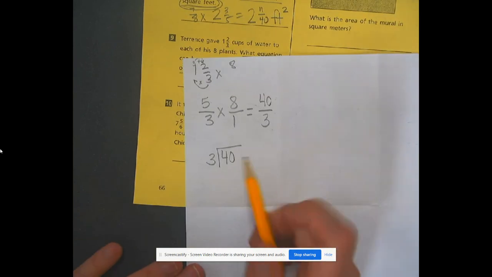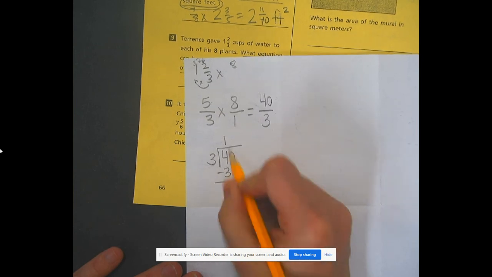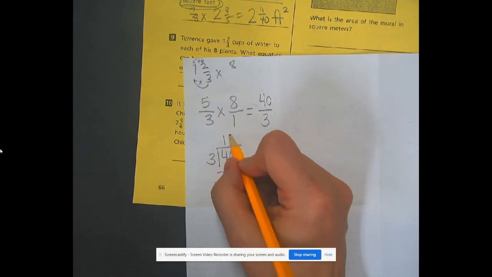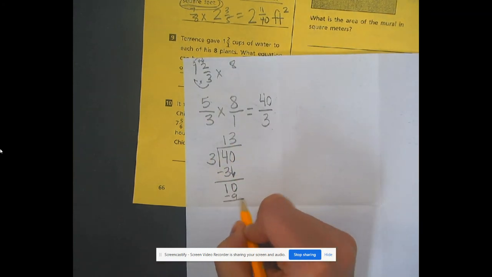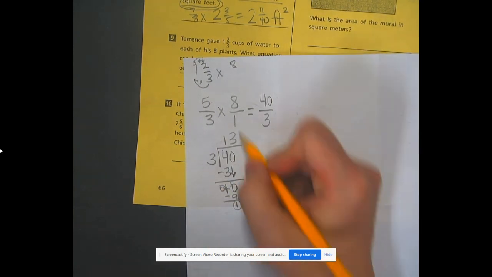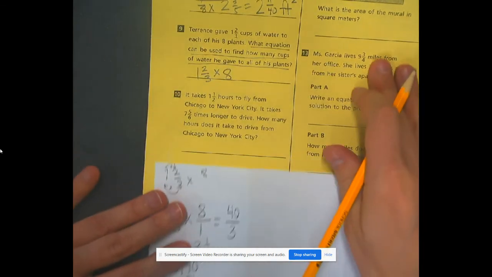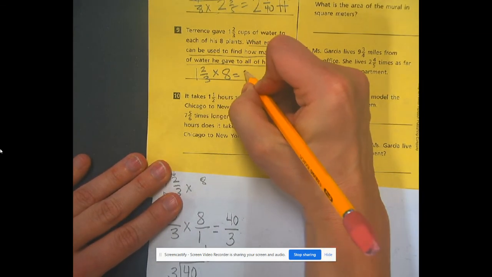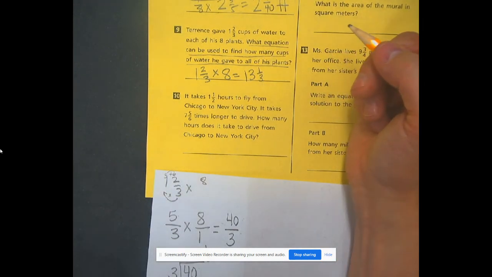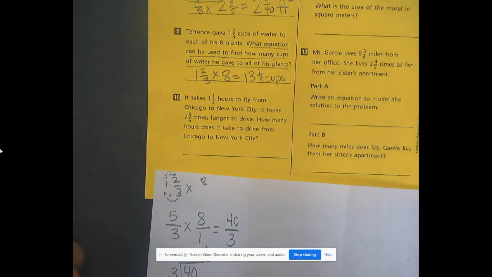Oh, Dad's not scared. 4 divided by 3 is 1. 1 times 3 is 3. 4 minus 3 is 1, bring down my 0. 10 divided by 3 is 3. 3 times 3 is 9. Subtract. There's nothing to bring down, so this becomes my numerator, and my divisor is my denominator. Okay, so it equals what? 13 1/3 what? Cups. So he would have gone 13 1/3 cups.